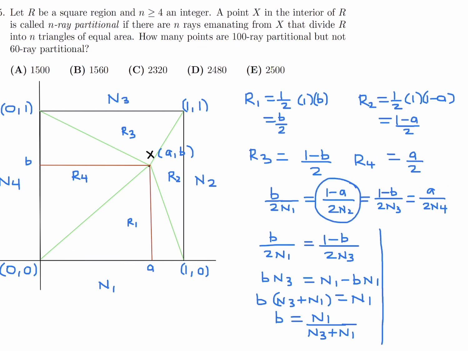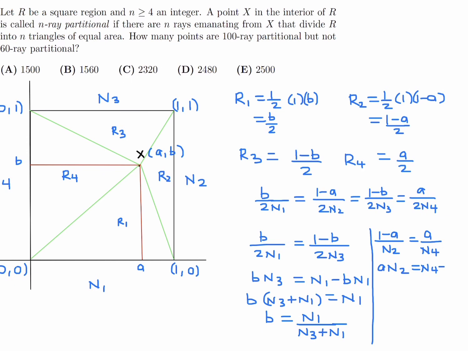And in a very similar way, let's equate those two. And when you do, you get (1 minus A) over N2 is equal to A over N4. I just got rid of the 2's. And cross multiply, N4 minus N4 A is A N2.